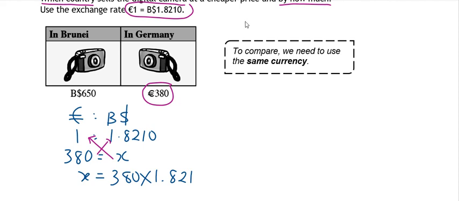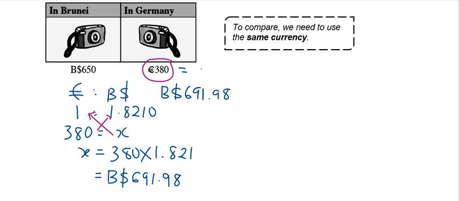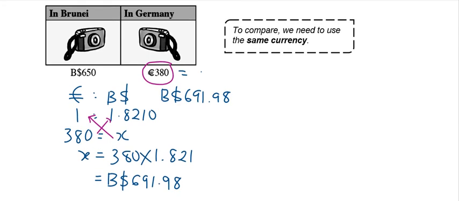So what you are going to do next is that you have to get the answer here. And you will get Brunei dollar 691 and then 98 cent. So here this is equal to Brunei dollar 691.98, and you can see that it is cheaper in Brunei.